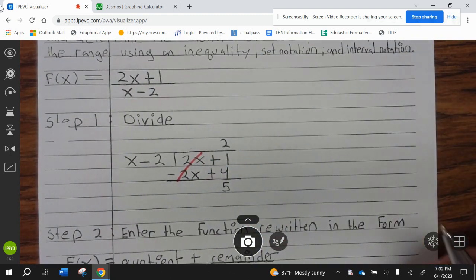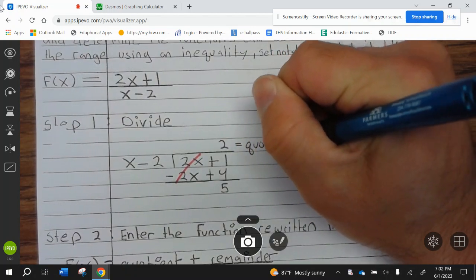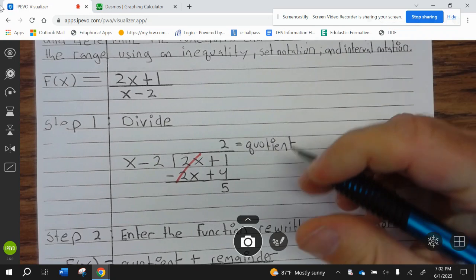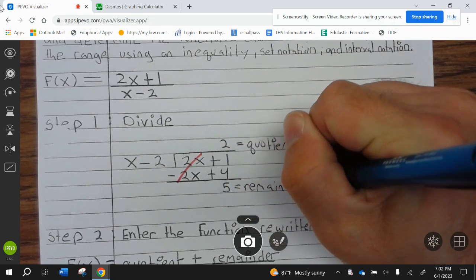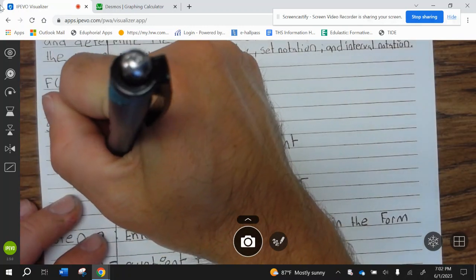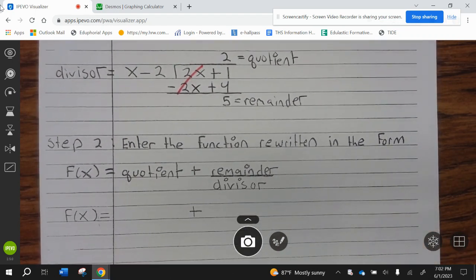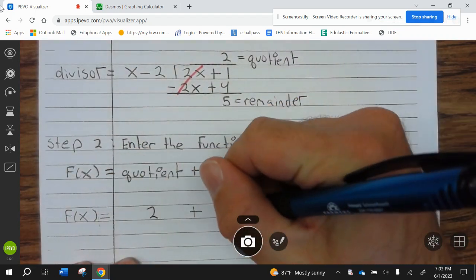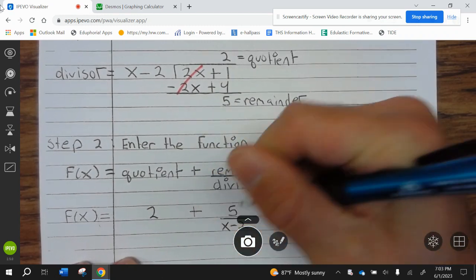This is the quotient. This is the remainder. And then this is the divisor. So that's 2 plus 5 divided by x minus 2.